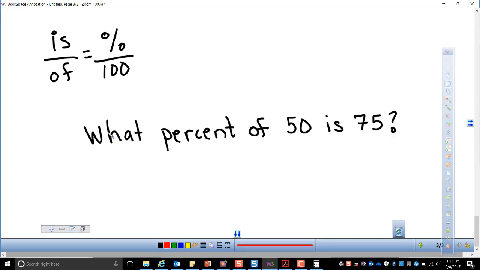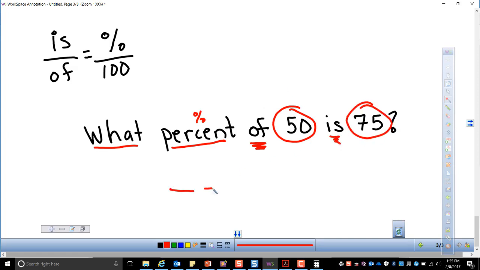So go through, look for what you have. It says what percent, so that's a percent. Okay, of 50 is 75. So you make your two fractions. My is 75. So 75 is on top, and of is 50. 100 is always on the bottom. And we're looking for a percent because it says what percent.